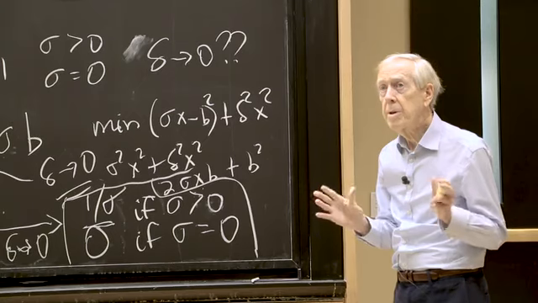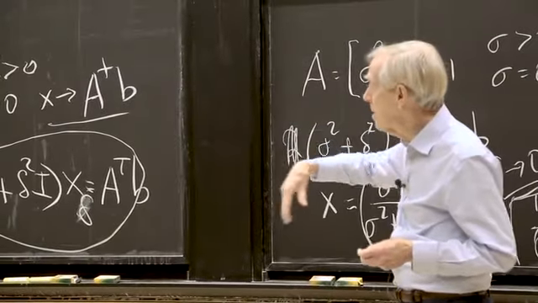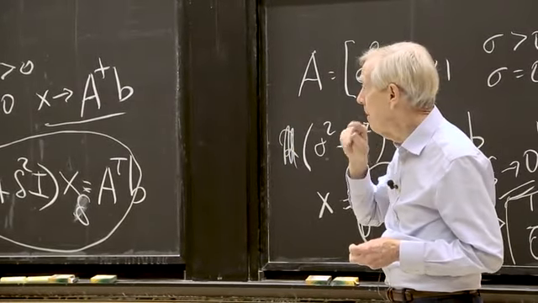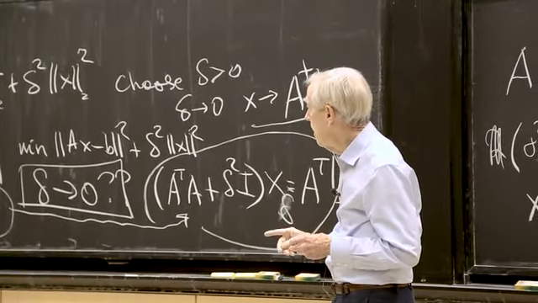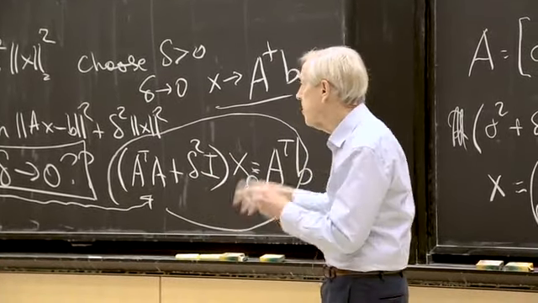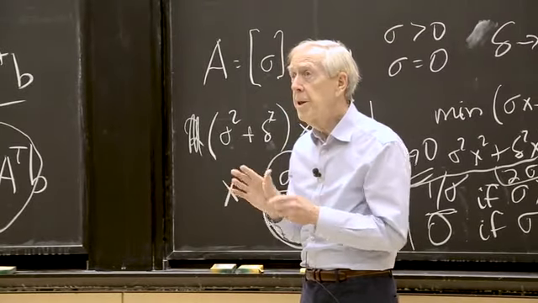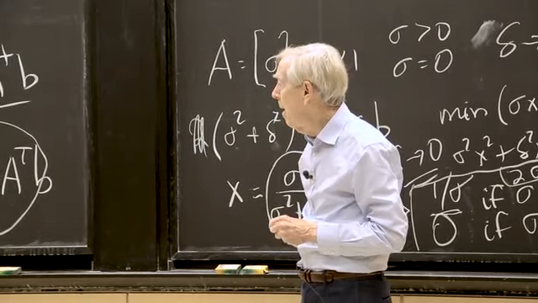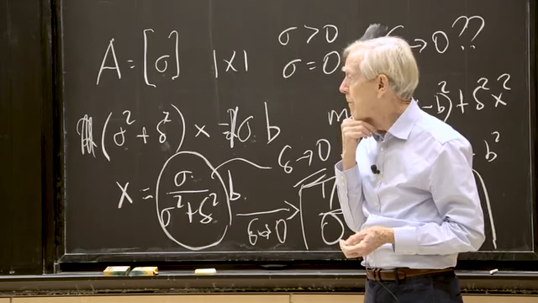So that's the message then, that this penalized least squares approaches, as the penalty gets smaller and smaller, the always correct answer, with that sudden split between 0 and not 0 that we associate with the pseudo-inverse.